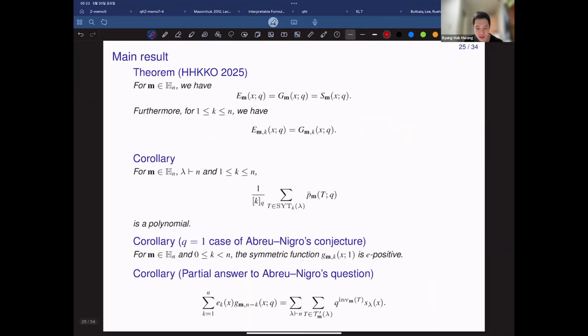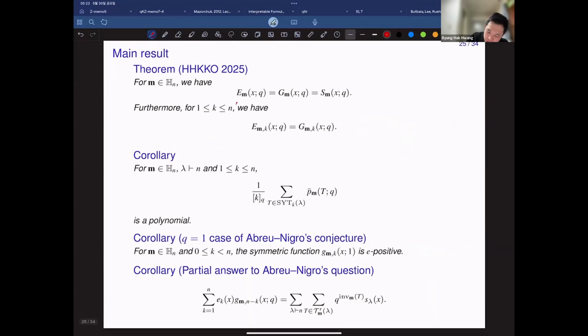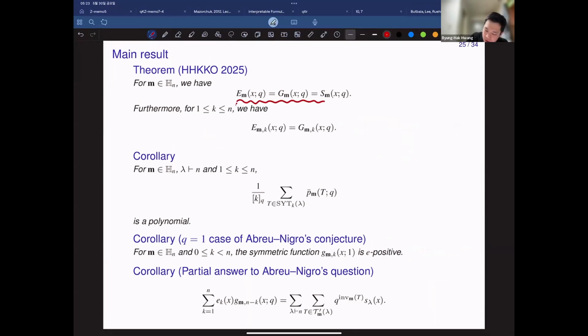Then our main result is the following. If you have a simple function m, then these three variants of symmetric functions coincide. And furthermore, E sub mk is equal to G sub mk.